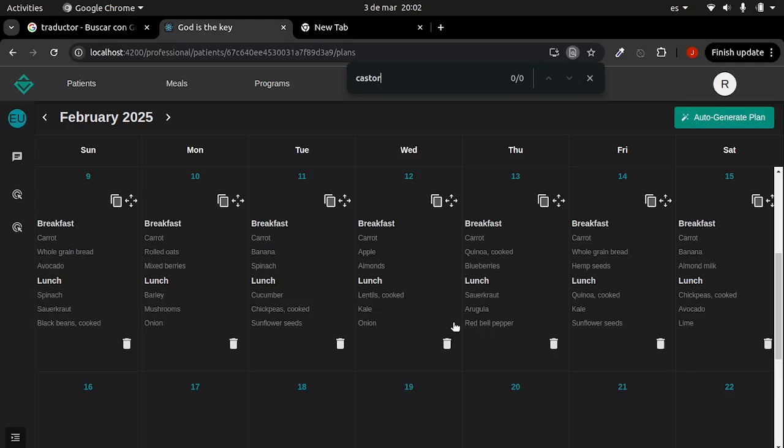Bell pepper, sauerkraut, quinoa, kale, sunflower, lime, avocado, chickpeas again. Almond milk is one processed food. I am not really sure if it should be included in that. Maybe it depends how the almond milk was processed. Whole grain bread, it is really bad. Cooked, apple, carrot, almond, spinach, banana, carrots, olive oats, mixed berries.